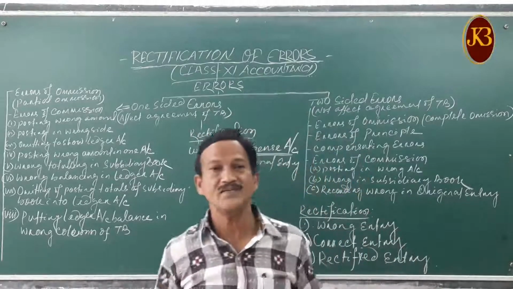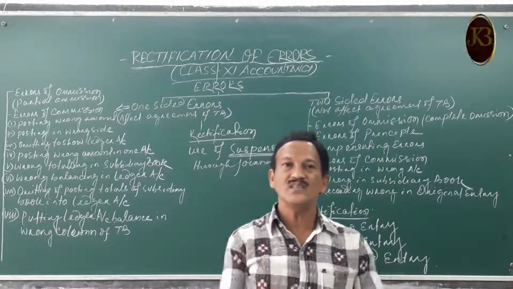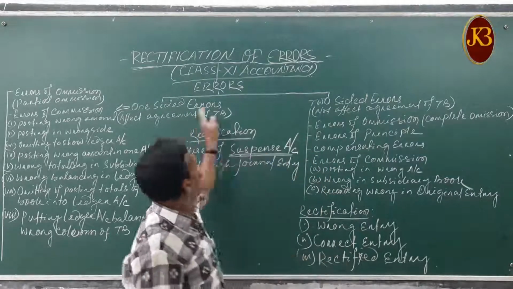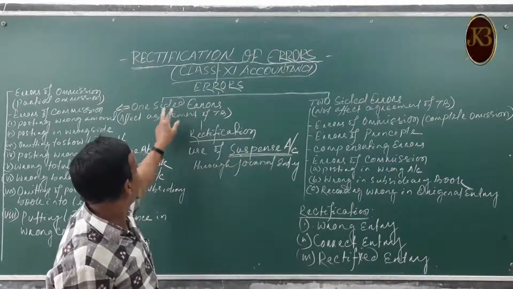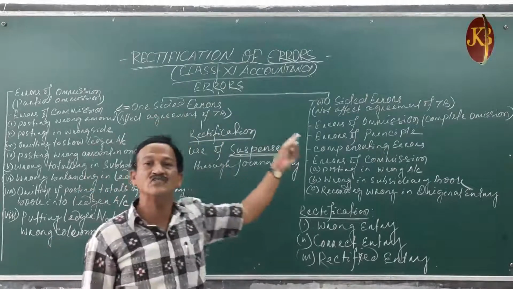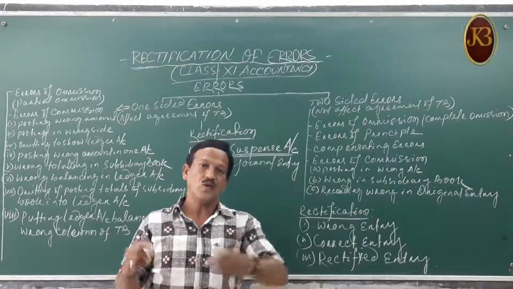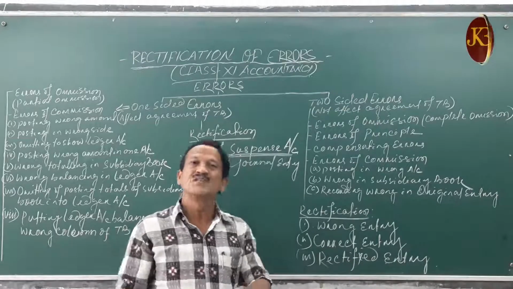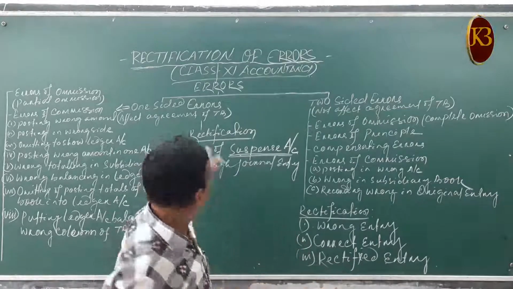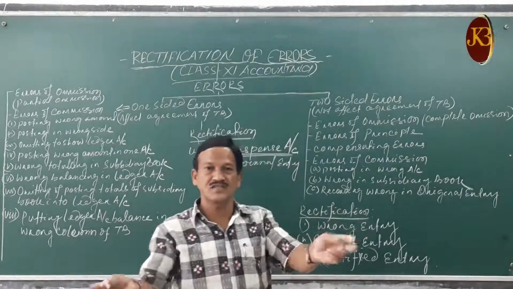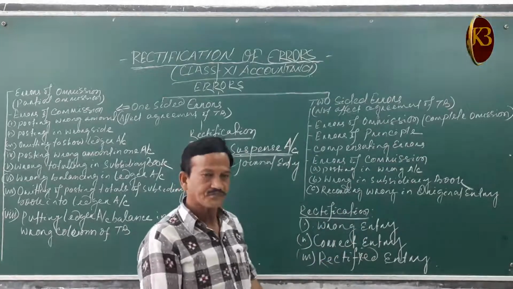When we are going to rectify the errors, what types of errors are there? It is classified into two types. One-sided means only one account or one side of the account is wrong. Two-sided errors mean both the accounts are missing or wrong.